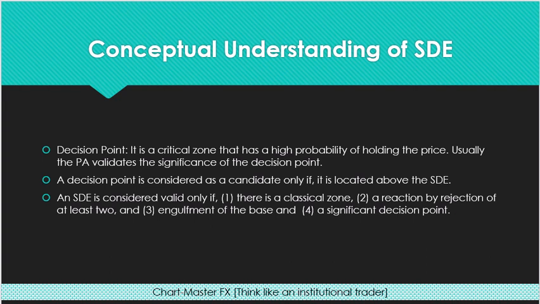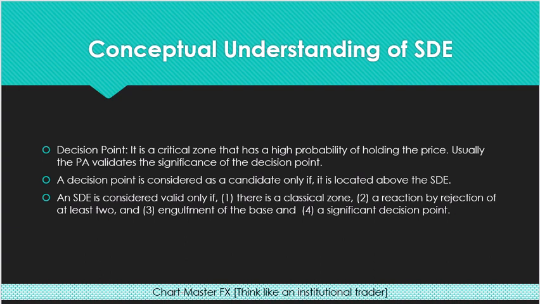I've actually said something about it, and this is a summary of what you need to find out in the market in order to consider that this is an SDE.